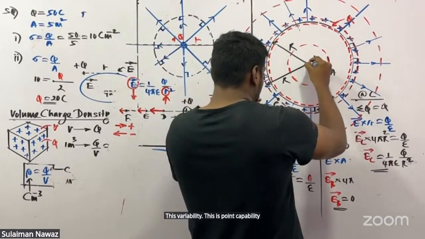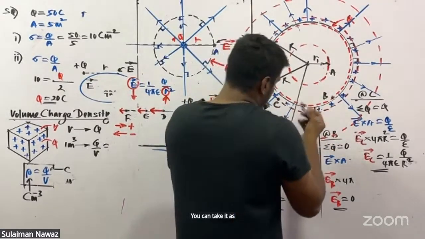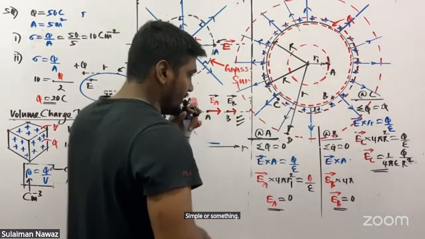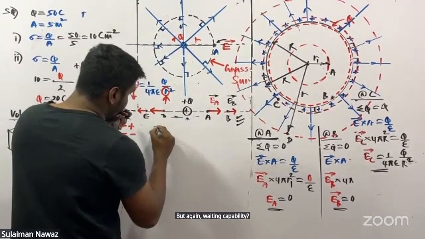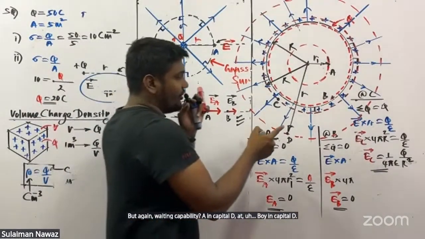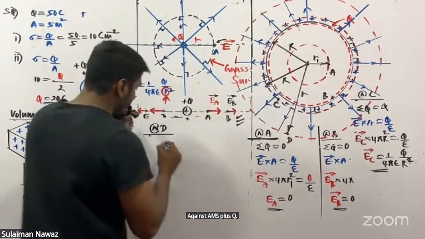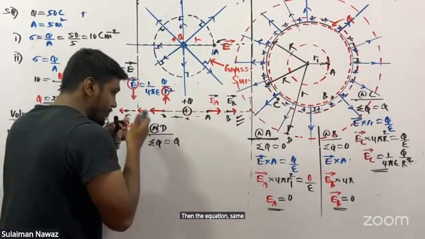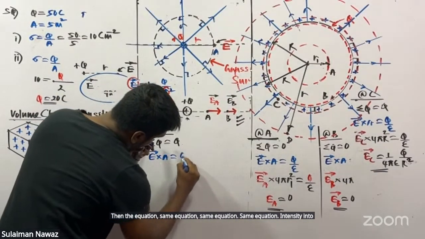The distance from the center to point capital D, you can take it as small r or something. Now at point capital D, what is the total charge inside your Gaussian surface? Again, same, plus Q. Your sigma Q is going to be plus Q. Same equation: intensity into area equals Q over epsilon.